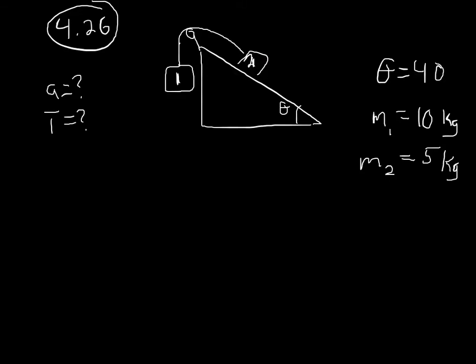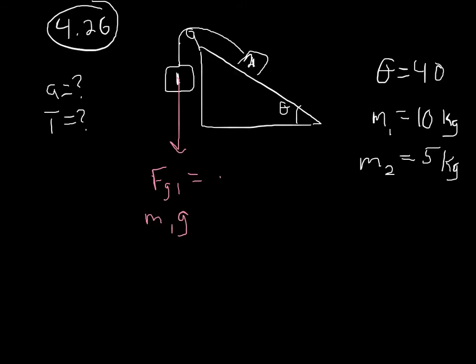The first step is to identify all the forces that are acting. What forces do I have acting on these boxes? Box number 1, let's do first. Gravity is acting downward, so we'll call that Fg1, the force of gravity on the first box, and that's equal to mass 1 times the acceleration of gravity, m1 g.